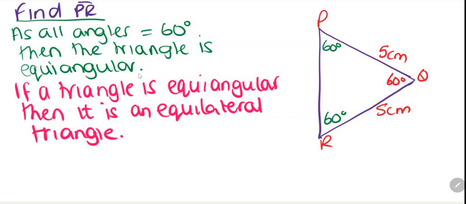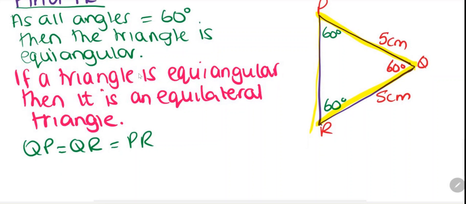So QP is equal to QR, and that is equal to PR. So if QP is 5, and QR is 5, and this is 5.